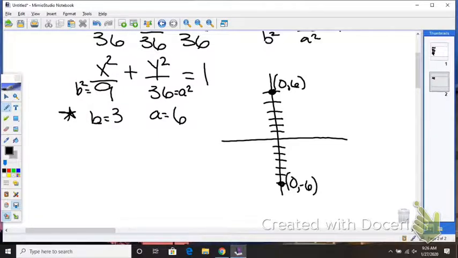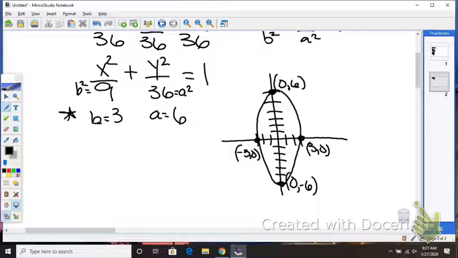And then how much am I going out on the x? 3. So I've got (3, 0) and (-3, 0), and here is my ellipse.